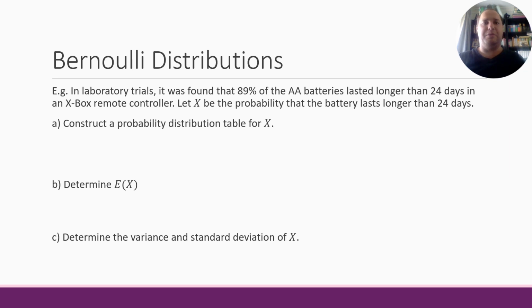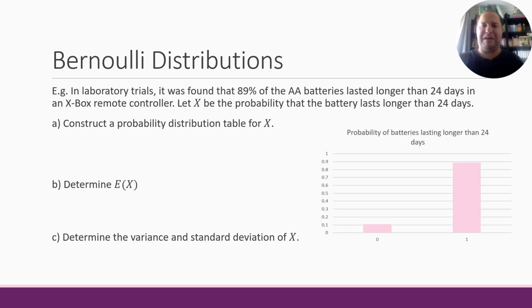Okay, let's do an example. Looking at some laboratory trials, it was found 89% of batteries lasted longer than 24 days in an Xbox remote control. We're going to let X be the event that a battery lasts longer than 24 days. Our first thing we have to do is construct a probability distribution. That's pretty straightforward. We've got our title, and we've got our two events listed down the bottom of our graph.